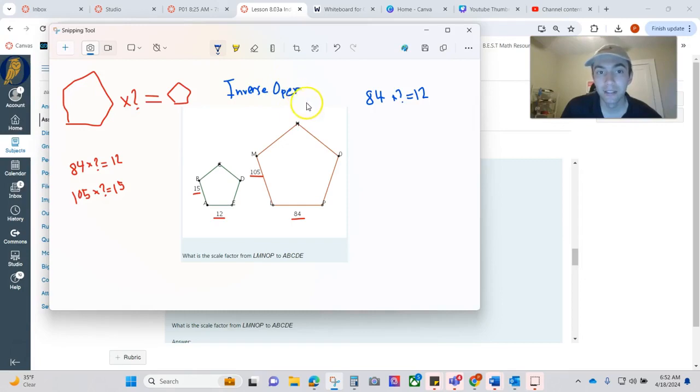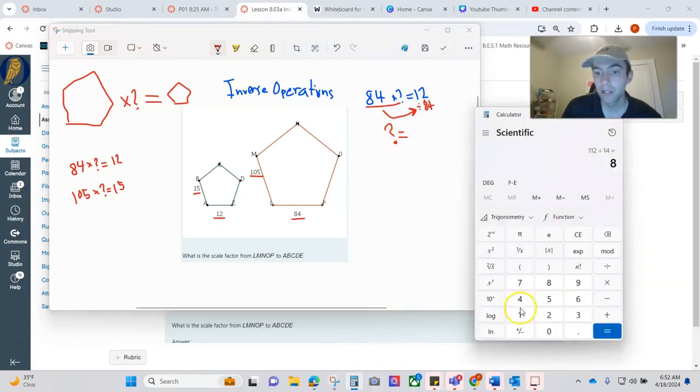So instead of timesing by 84 on the left side, let's move that times 84 over to the right side and do the opposite math. What is the opposite of timesing 84? Yep, it's dividing by 84. So our scale factor should equal whatever 12 divided by 84 is.